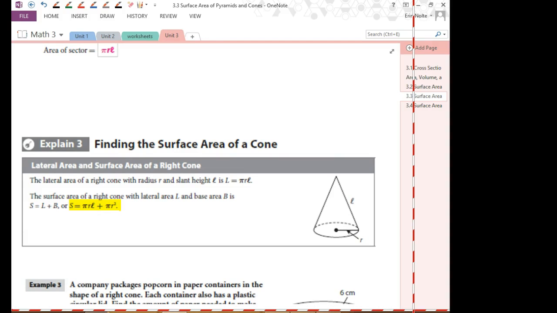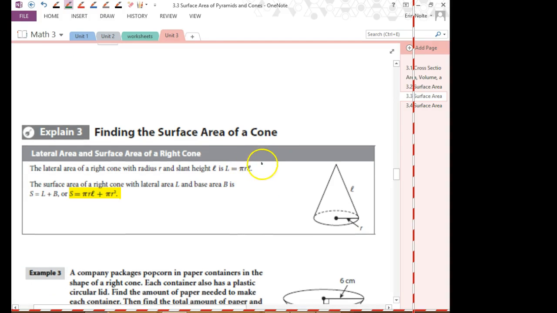The formula for the lateral area is right here. Pi r l, pi times the radius times the lateral length. And then to find the surface area, you just add on the base, which happens to be a circle, so pi r squared. Make sure you have both of those written in your notes. Those will be easy formulas to pull. I would probably highlight them, star them, make them easy to find.